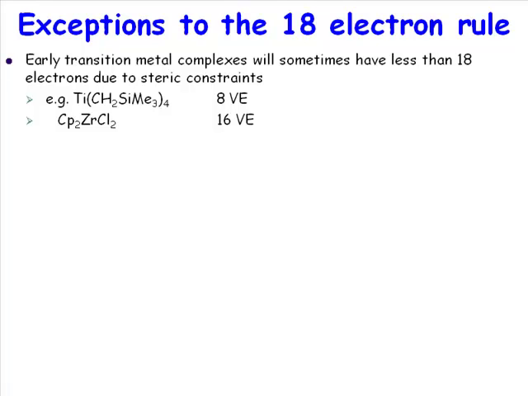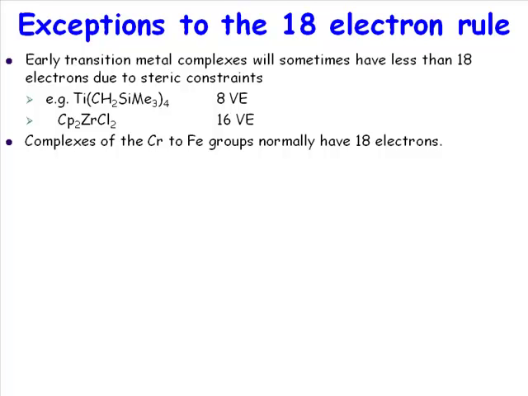How many electrons? 12, okay? 4 from titanium, 6 from the alkyl ligands, 2 from the charge. So 12. So you cannot get above 12 in those systems because there just isn't enough room. So that's one exception where sterically it's impossible to reach 18 electrons.